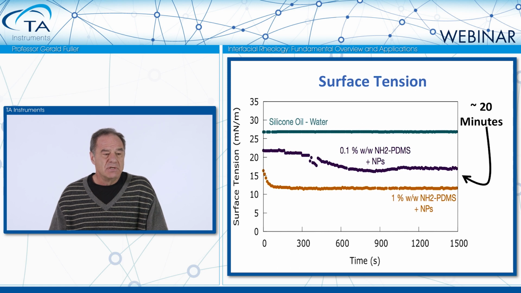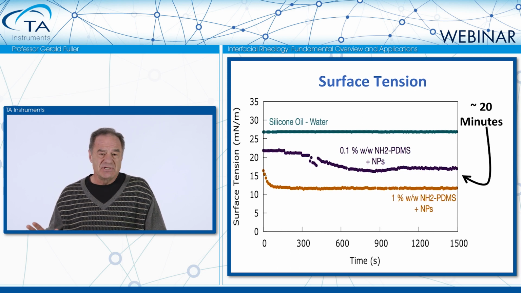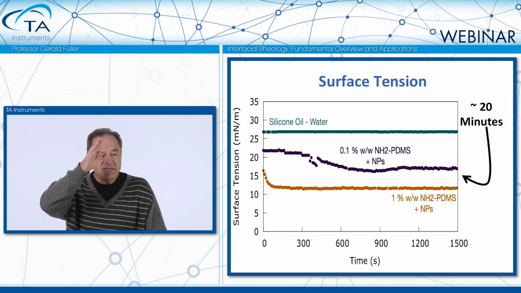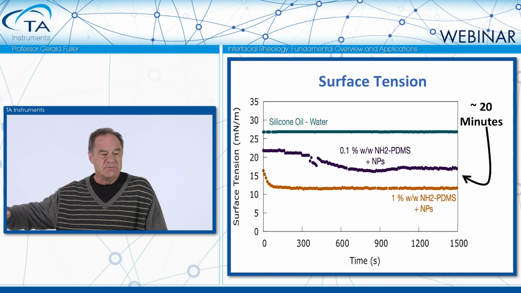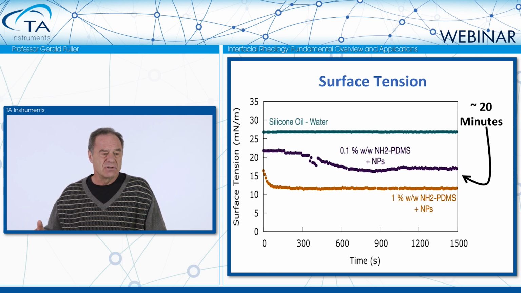So surface tension is a useful technique, but it doesn't give you the answer. Here's the surface tension as a function of time, and you can see it generally diminishes over a pure silicon oil-water interface. And that takes about 20 minutes to get there. Surface tension, remember, is a thermodynamic quantity.